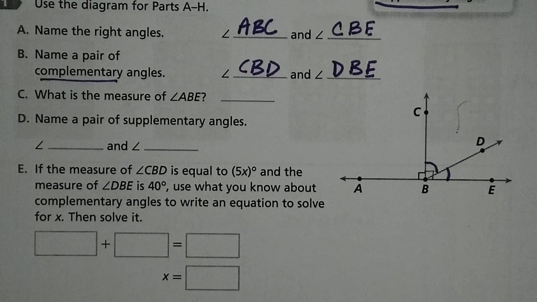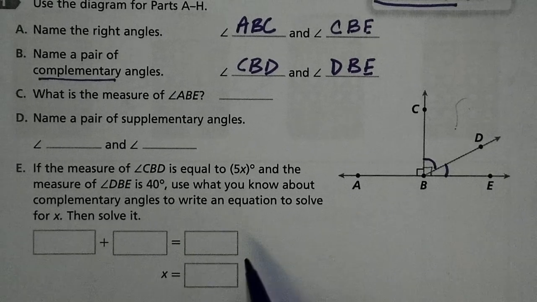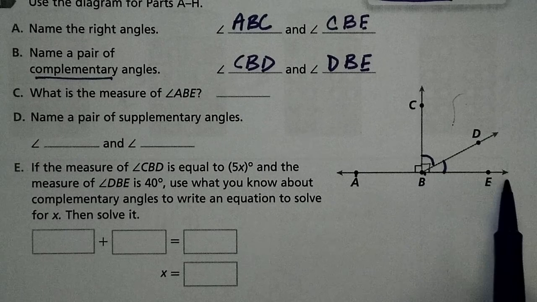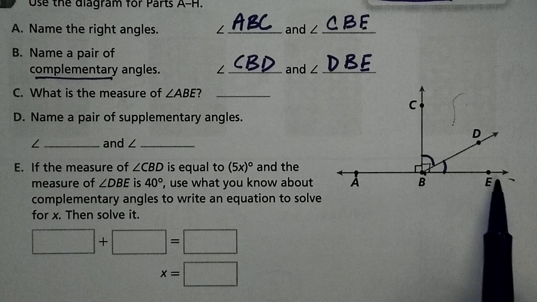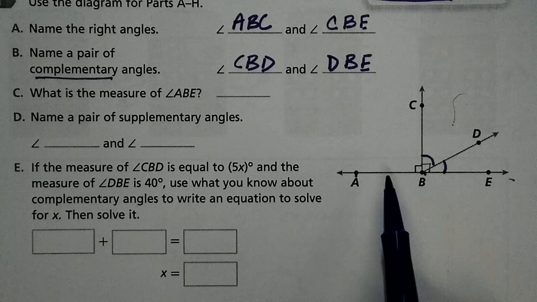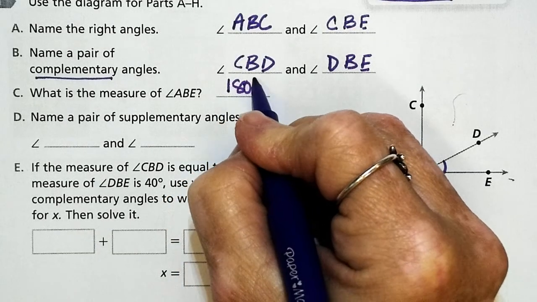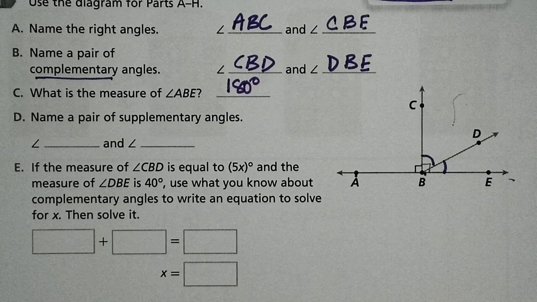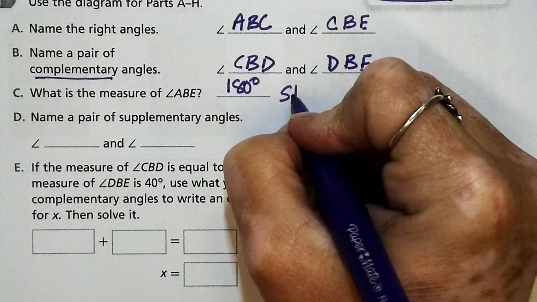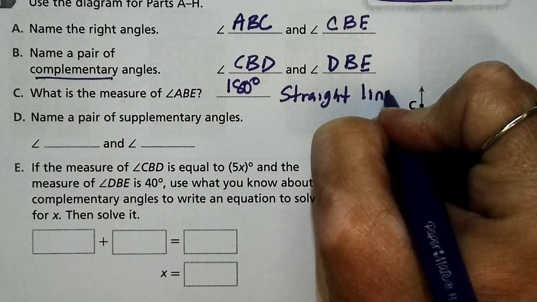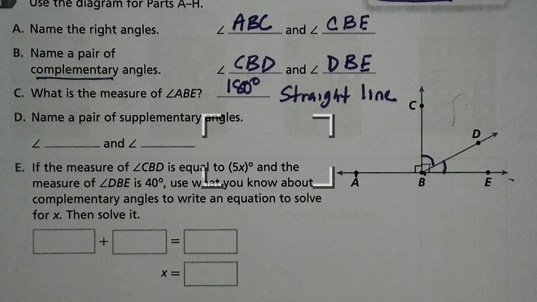Okay? So C says, what is the measure of A, B, E? So A, B, E. So it is a straight line. And a straight line is always 180.